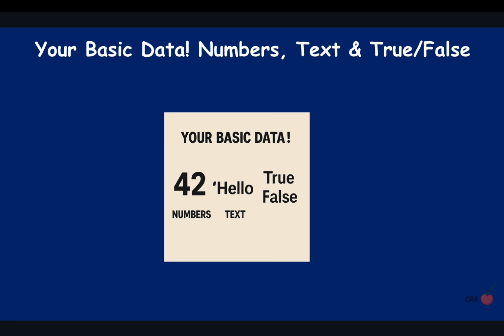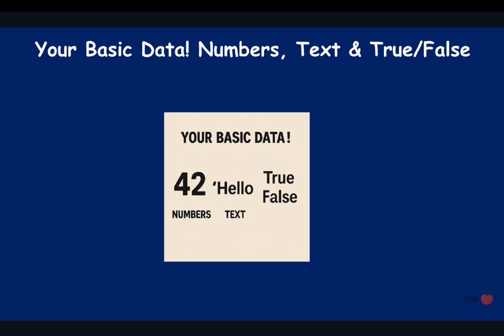Just like the difference between counting things, measuring something, writing a name, or even just knowing if a light switch is on or off, Python needs to understand these differences too. It helps Python know what operations are possible.